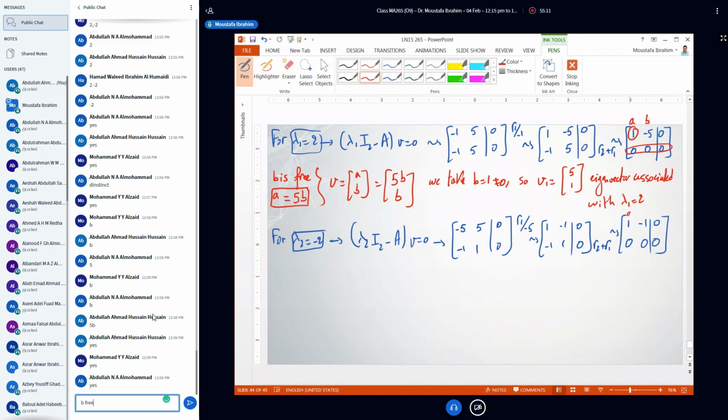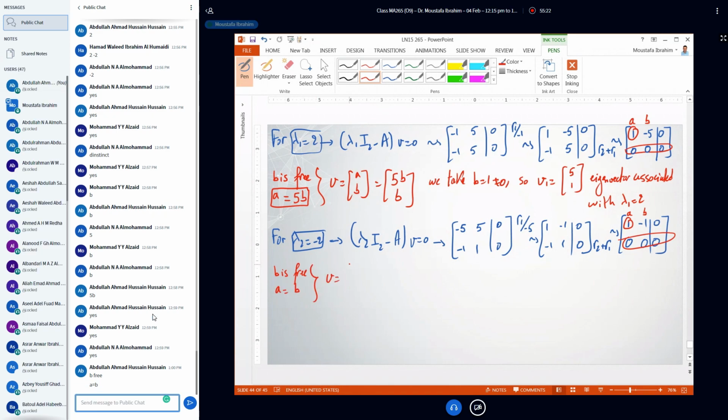Again here, A, B, B is free, very good. A equals B. So take B equal 1, different than 0, so V2, which is 1, 1, is an eigenvector. Why do we say an eigenvector? Because it means we have many.